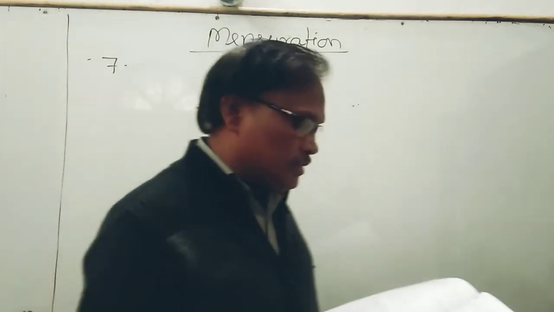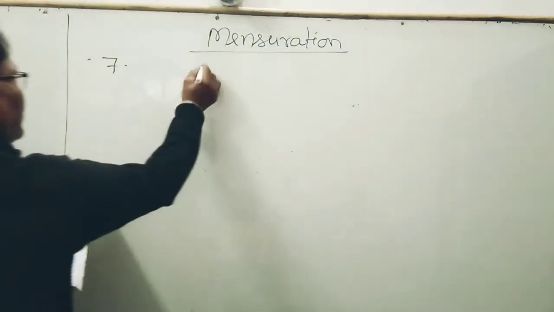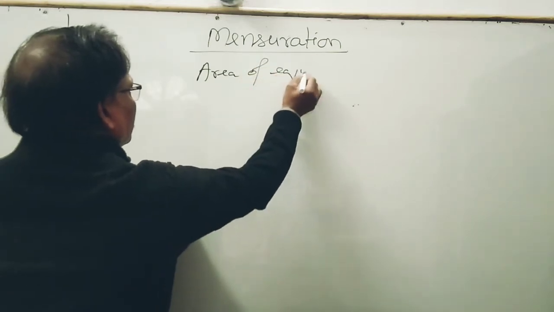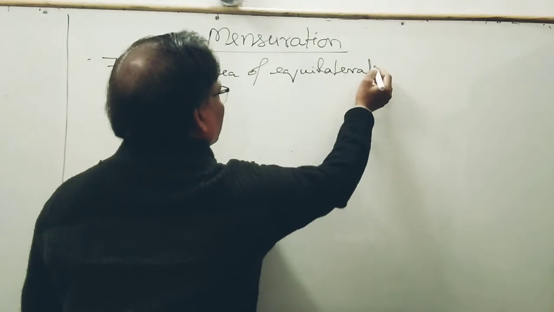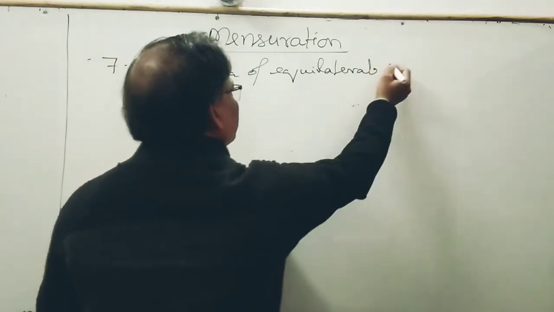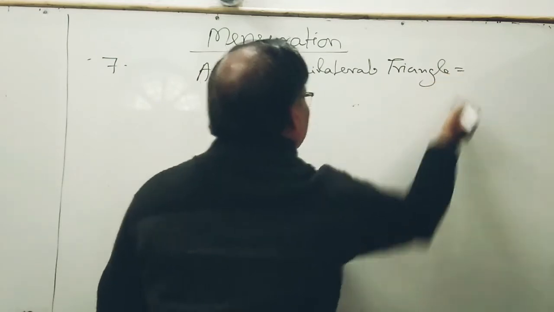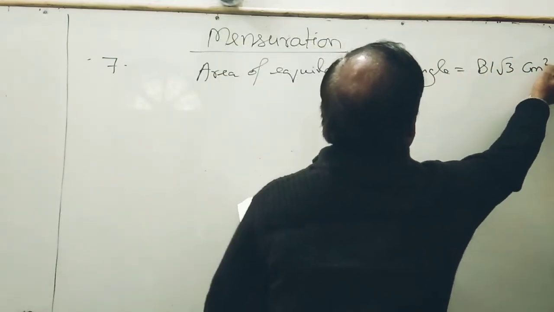The area of an equilateral triangle is 81√3 centimeter square. Area of equilateral triangle is equal to 81√3 centimeter square.